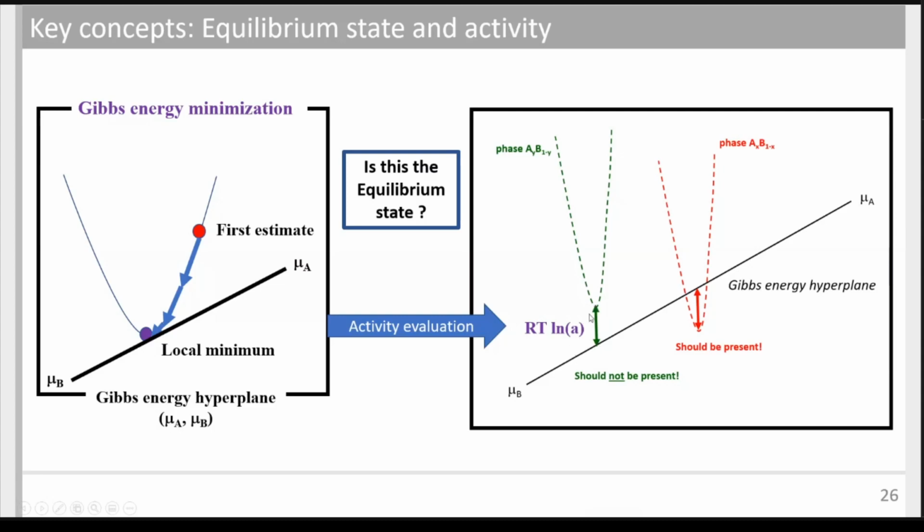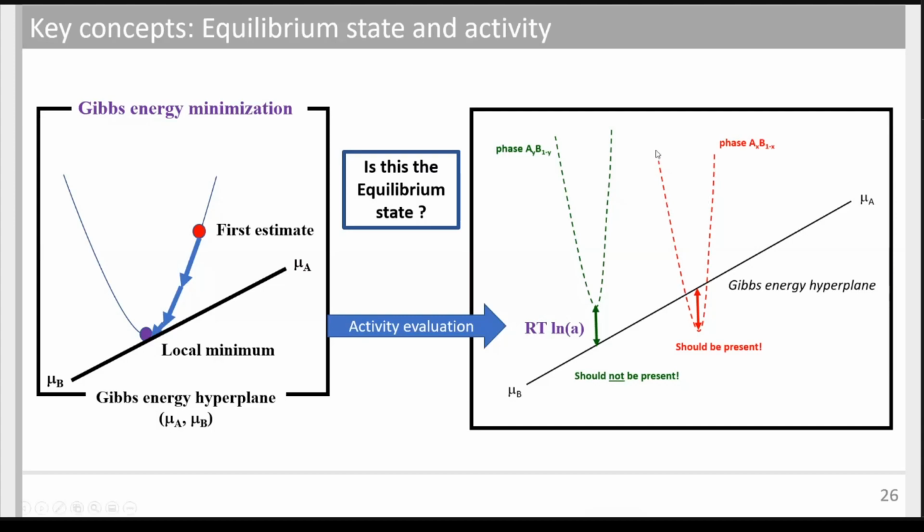And this energetic distance is associated to the term RT ln of the activity. So when you see an activity smaller than 1, the phase is above the Gibbs energy hyperplane, and this phase will not be in the phase assemblage at equilibrium. And this is typically what you want. So you hope that analyzing the activity of all the phases in your system, they are all smaller than 1 if they are not in equilibrium and have a null amount.